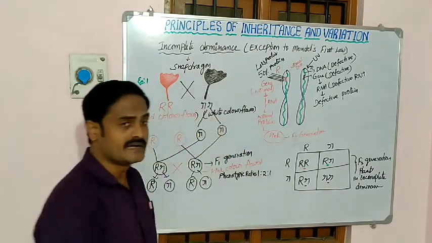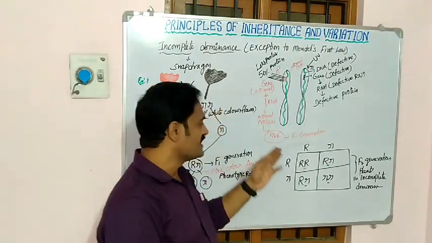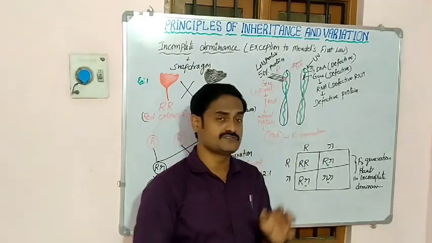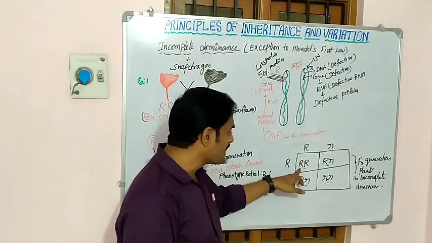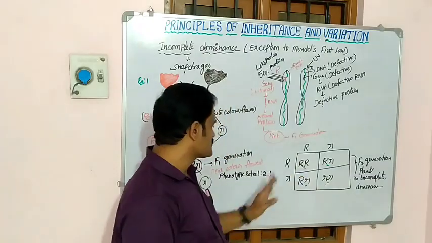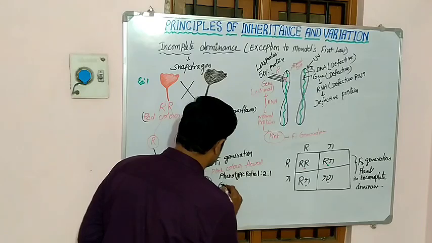Remember, compulsory in incomplete dominance, the phenotypic ratio of the F2 generation is 1 is to 2 is to 1. So coming to the genotypic ratio.